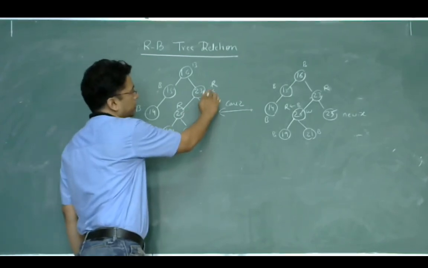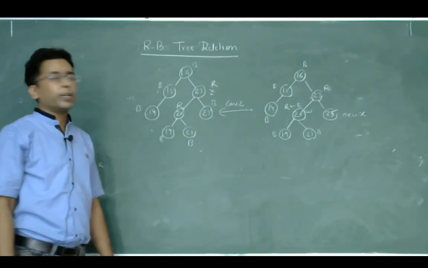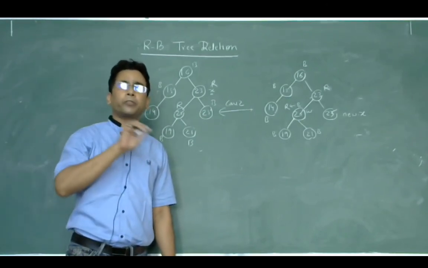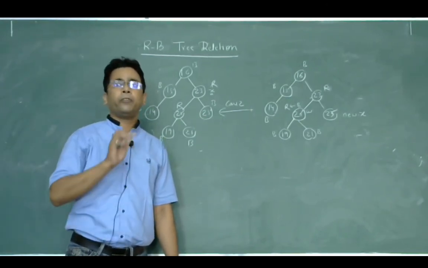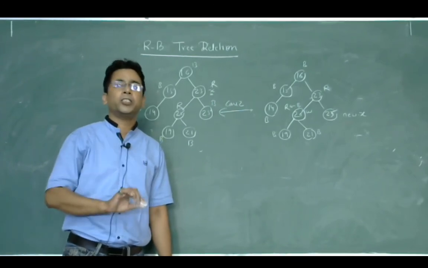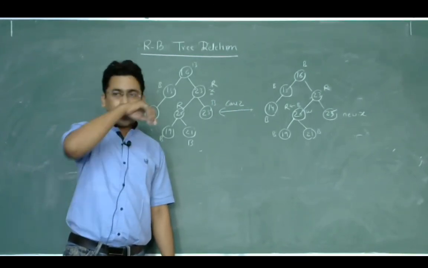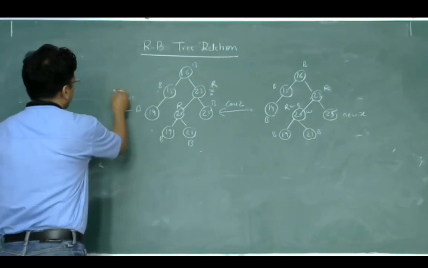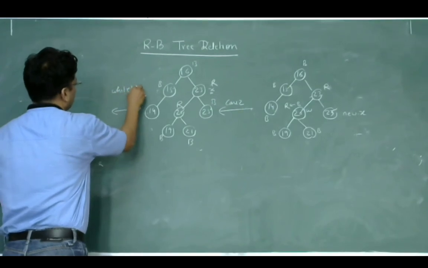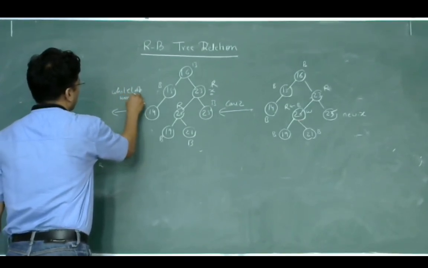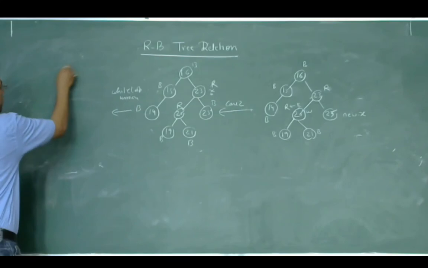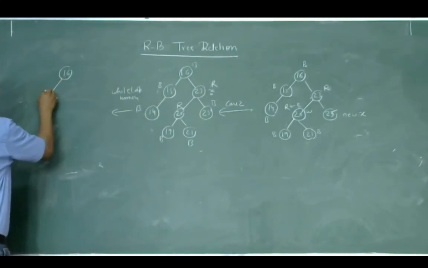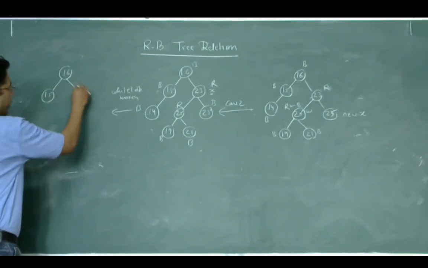Here x is now of red color. When x is of red color, we go out of the while loop and simply terminate by changing the color of x into black. So after this the while loop terminates, and we simply end by converting the x node to black.